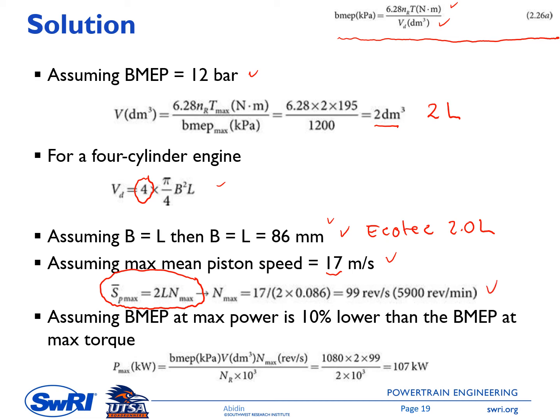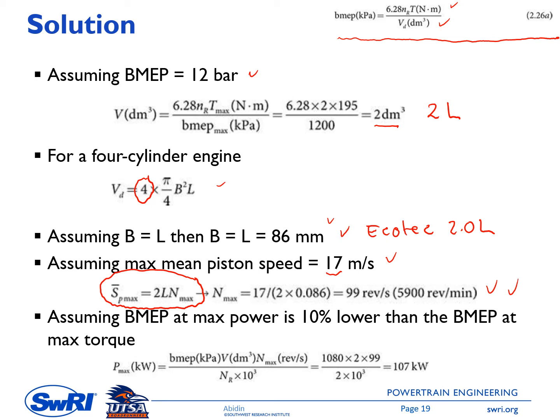Then we get the maximum engine rotation speed, 99 RPS, and you need to multiply it by 60 to get RPM, so 5,900 RPM. You need to check with your engine, especially for those of you driving a GM engine. You can check whether your maximum engine speed is 5,900 RPM, assuming your car is using the Ecotec 2.0 liter.